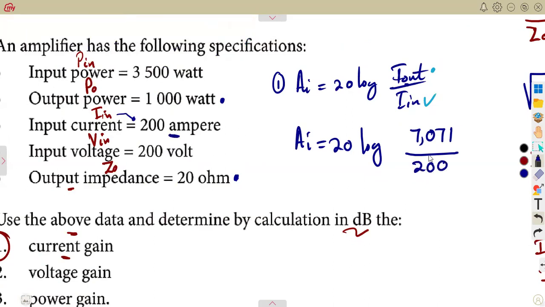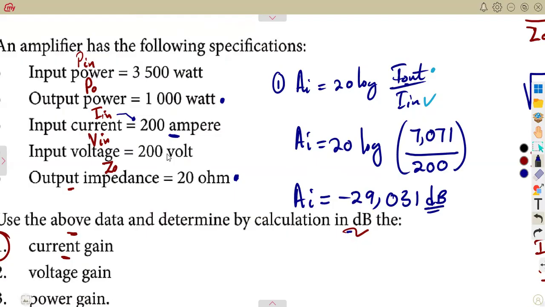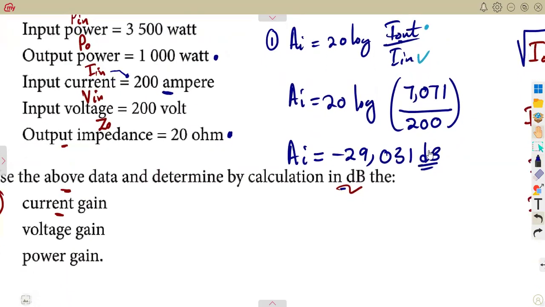So that's 200 in that case. This was going to give us the current gain, which is negative 29.031 in what? In decibels. The log part, once you use this log, you know that you are dealing with the decibel. All right. So that was for the current gain.